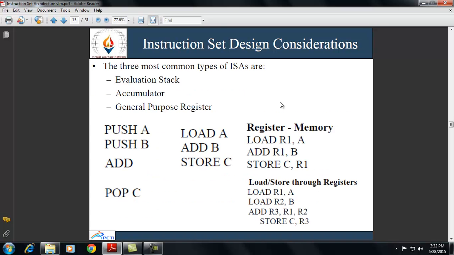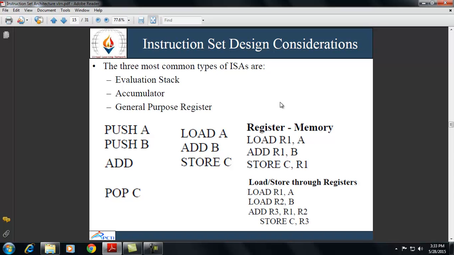Now, in general, the instruction set architecture, that is ISA, of a processor can be differentiated using 5 categories: operand storage in the CPU, that is where the operands are kept other than the memory, number of explicitly named operands, operand locations, operations that can be provided, and type and size of operands.